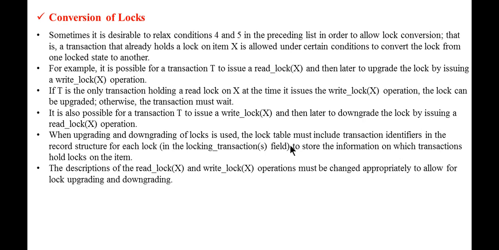So whenever these upgradations and downgradations are done by the transactions, automatically the corresponding lock table must be updated so that other transactions can have an idea of which item is held by which transaction. That will be a much easier procedure for the transaction manager to control access of the data items in the database.